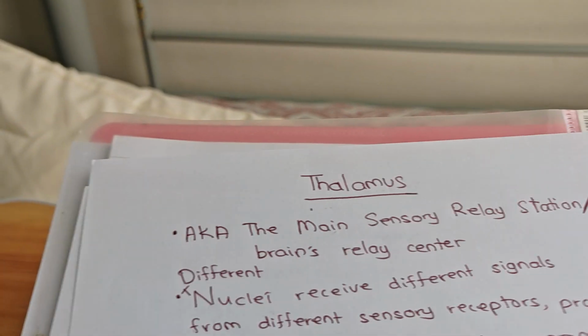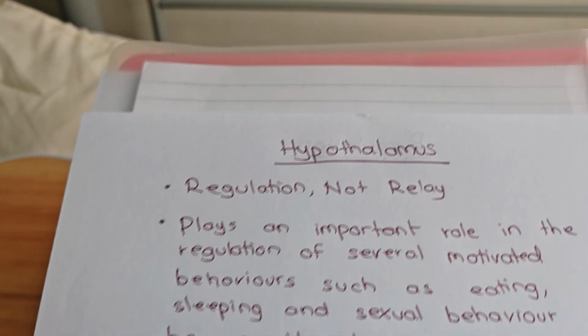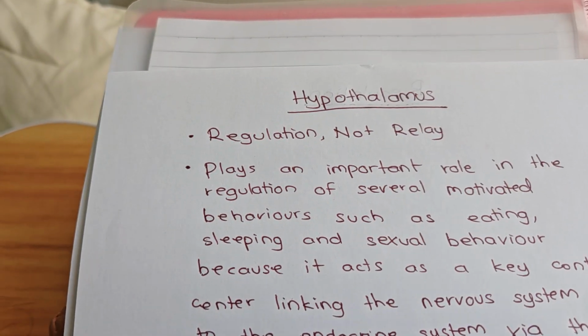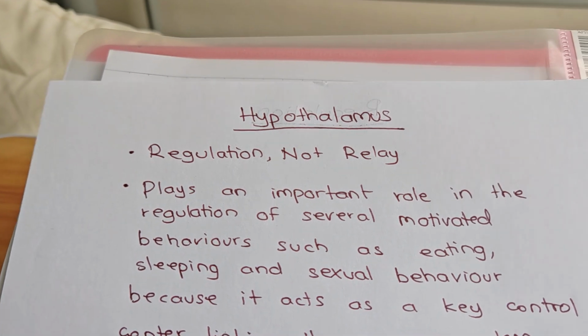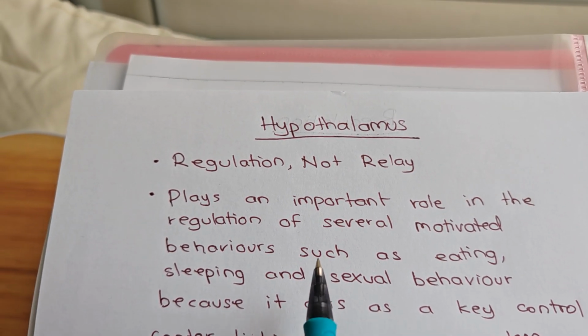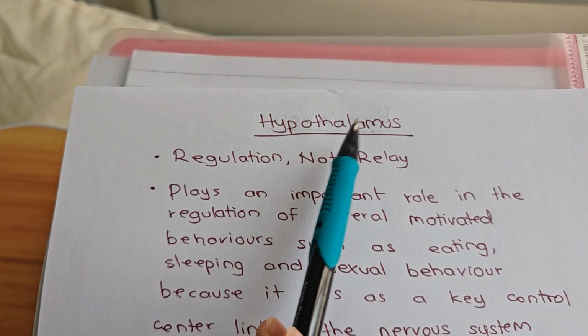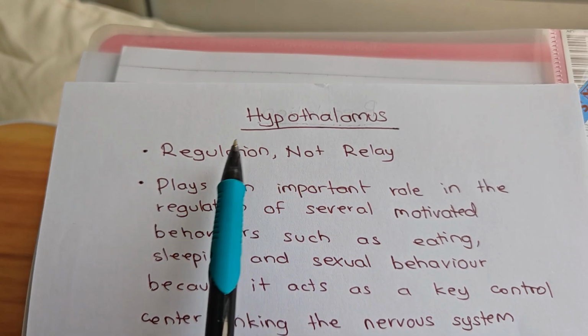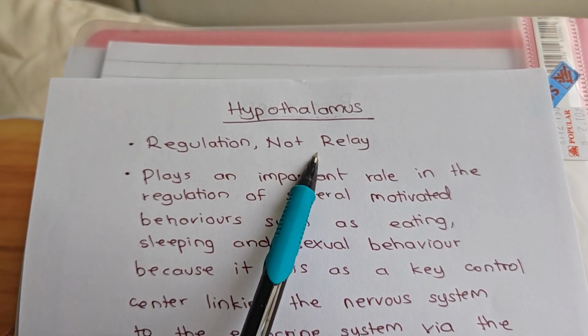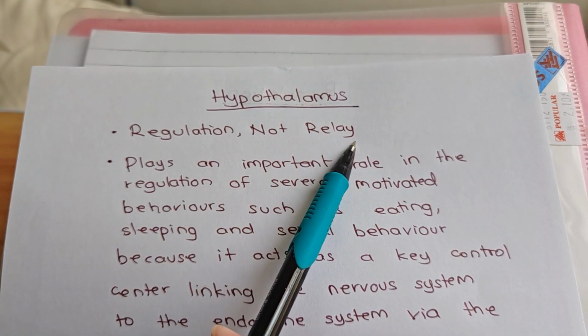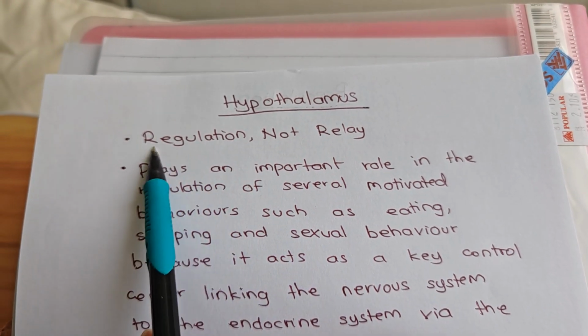Okay, the next part, and luckily for you guys, the last part, is the hypothalamus. We have to remember that the hypothalamus is for regulation, not relay. Relay means transmitting or sending. No, it's regulation.